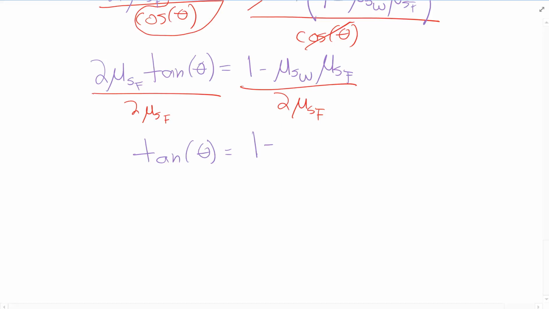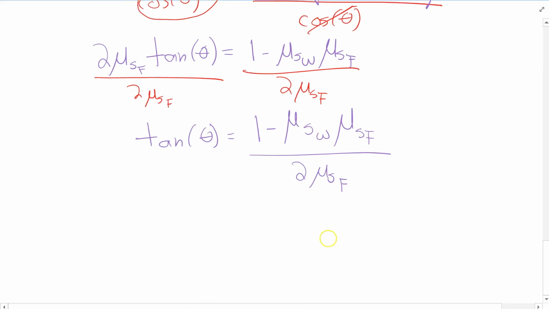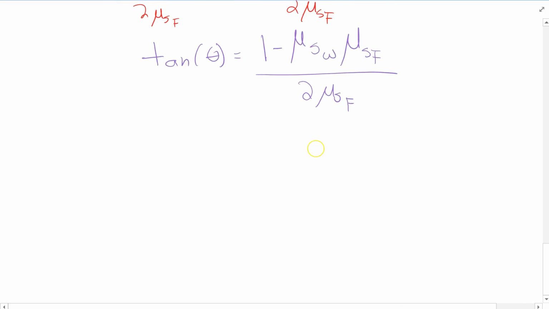I got a little bit ahead of myself. Mu static from the wall, mu static from the floor, divided by 2 mu static from the floor. Now, I'm not done yet. Technically, I'm not done because I'm not looking for tangent theta. What I'm looking for is just theta.